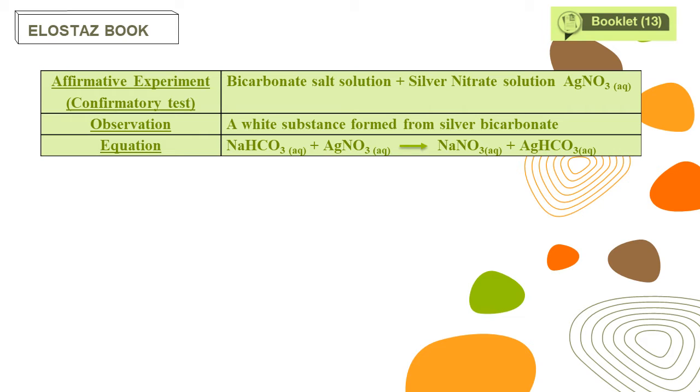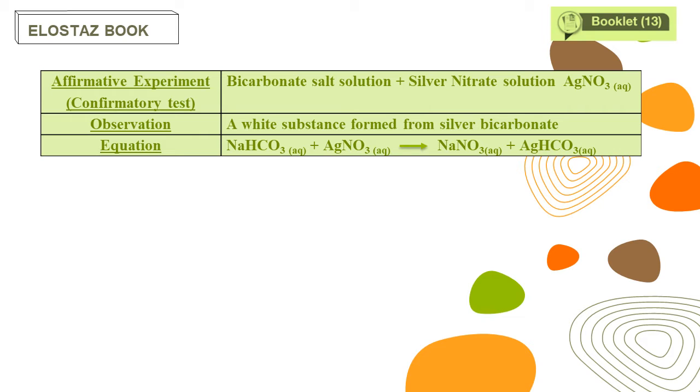If we add silver nitrate to the bicarbonate salt solution, it will give at the end sodium nitrate and silver bicarbonate aqueous. It will dissolve in water and not make a precipitate. No precipitate is formed here in our question.